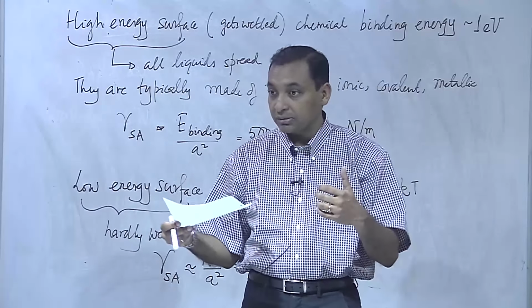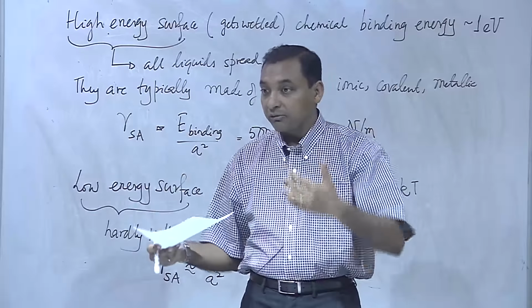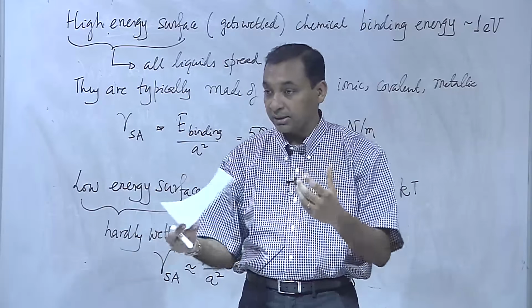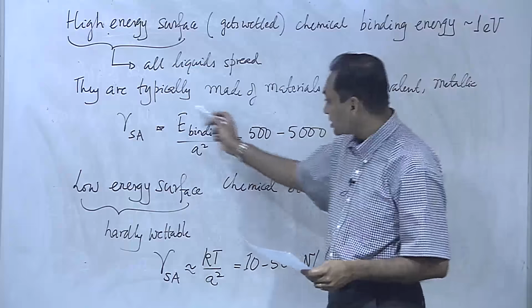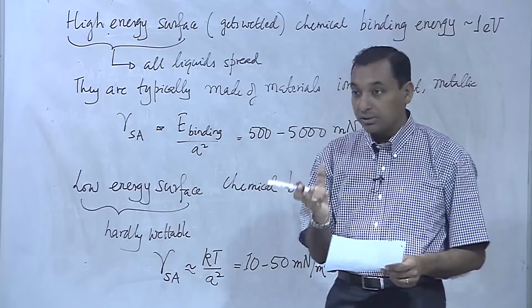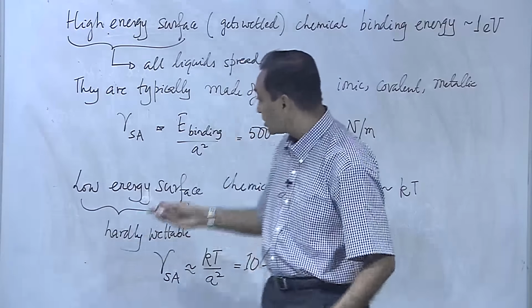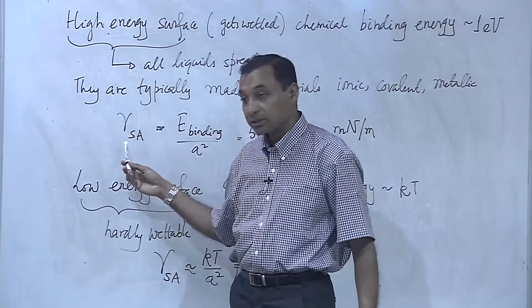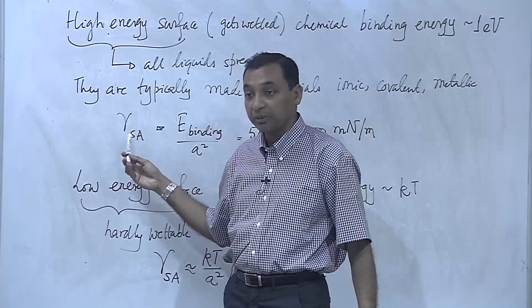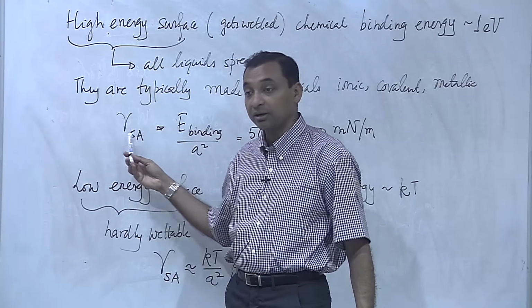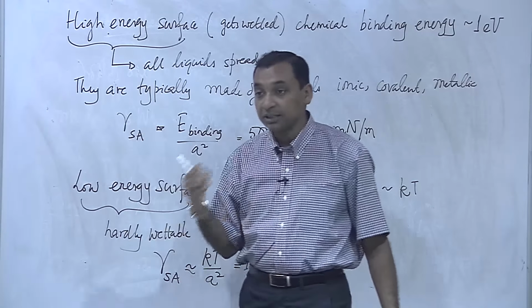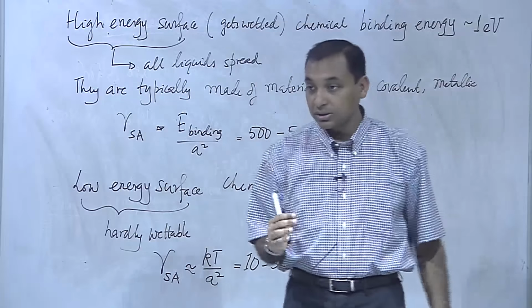Remember we talked about the various forms of forces and energies that are present. So this is the binding energy of the molecules that make up that solid. This is the solid surface tension. A is the air or the vapor, so gamma SV or gamma SA is essentially the solid surface tension.